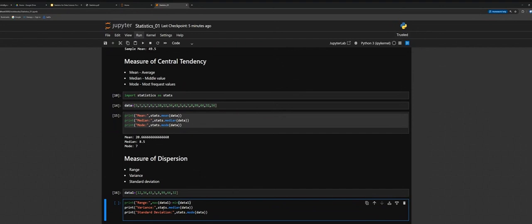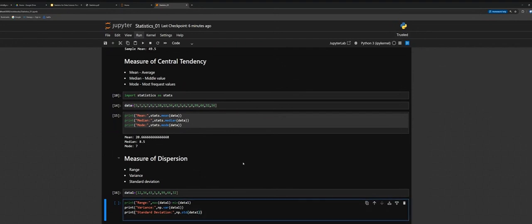Second, variance. Now how will you calculate variance? You can use numpy also. Simple. I'll change it to data1 and say np.var, that's it. And the third one is the standard deviation. np.std, short form for standard deviation.